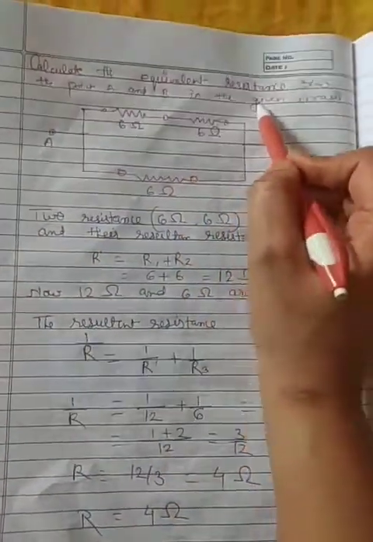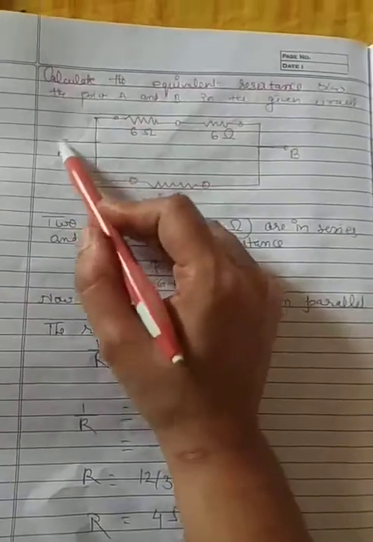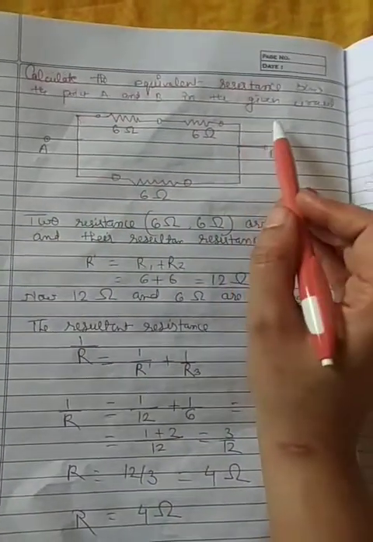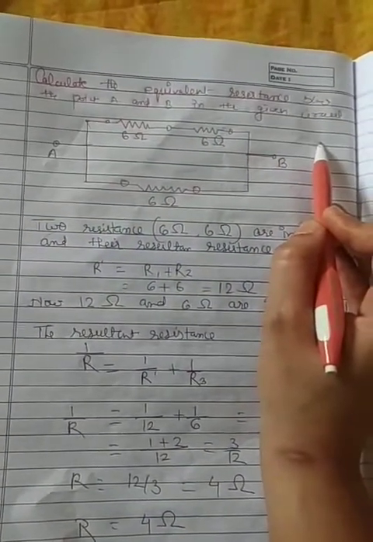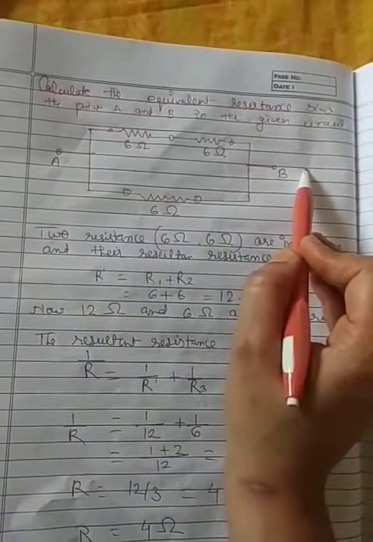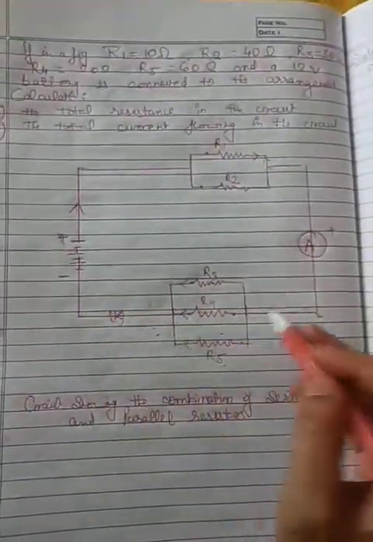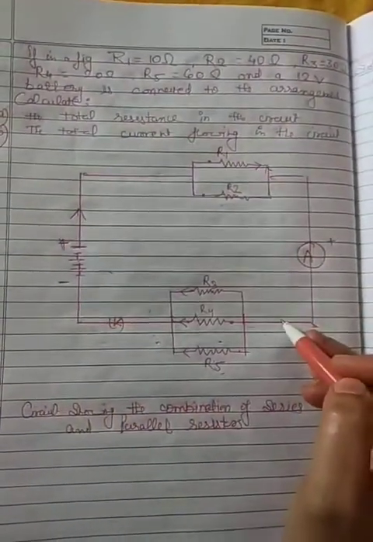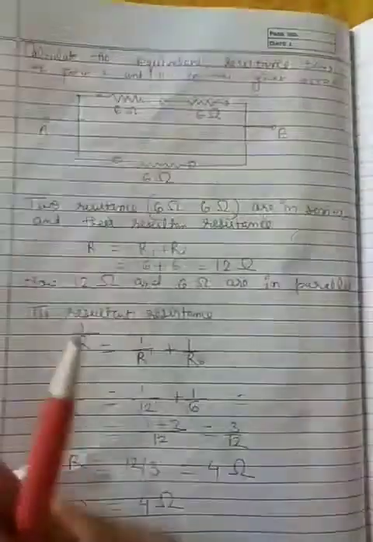Now the next numerical: calculate the equivalent resistance between point A and point B in the given circuit. Here you see it is on the same wire.